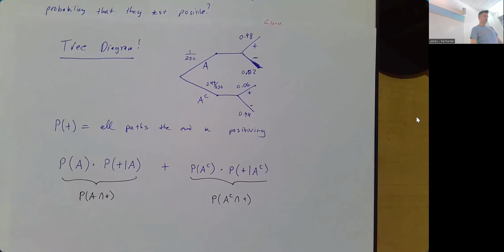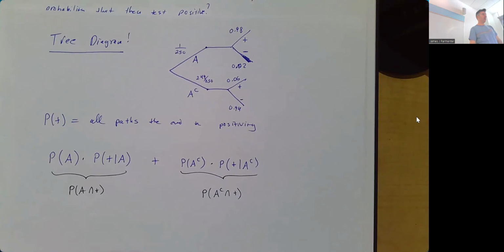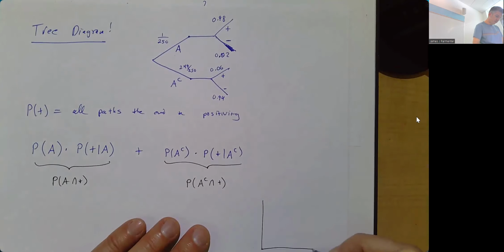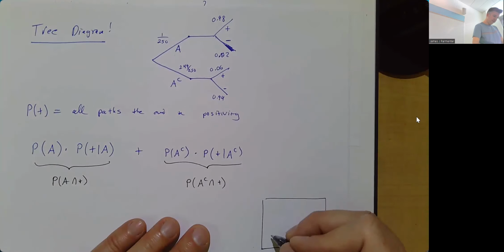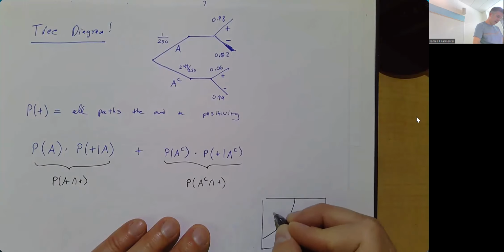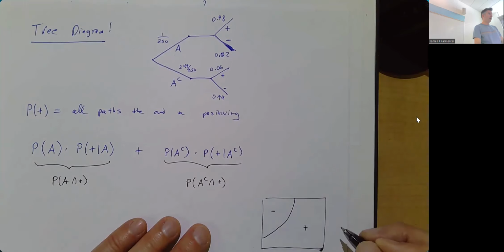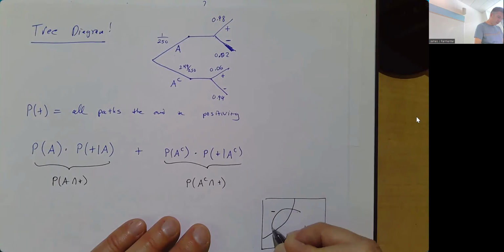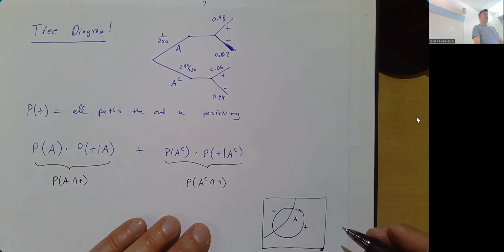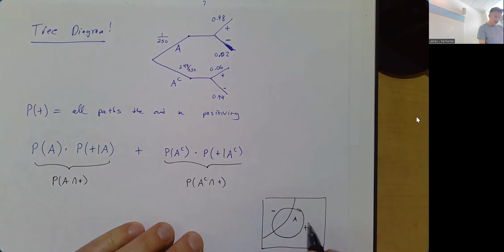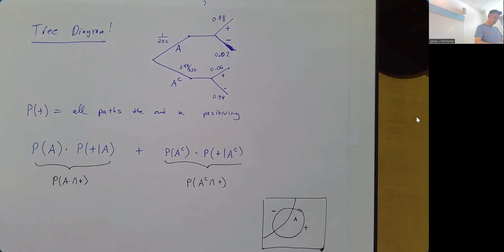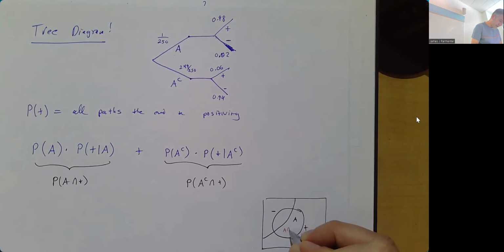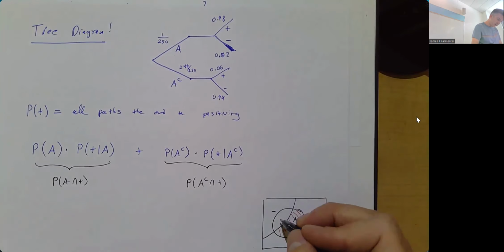This is the idea of what's called the law of total probability. If all my negatives are over here, and all my positives over here, and this circle is all the people that have the disease, and everything outside of it is the people that don't, then here in red is A intersect the positives, and here in blue is A intersect the negatives.